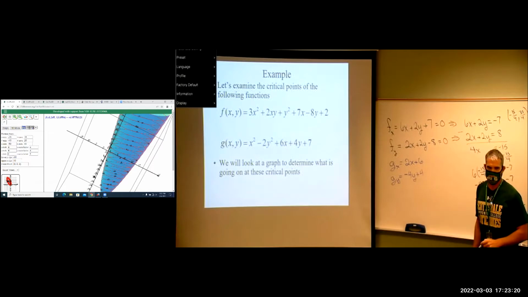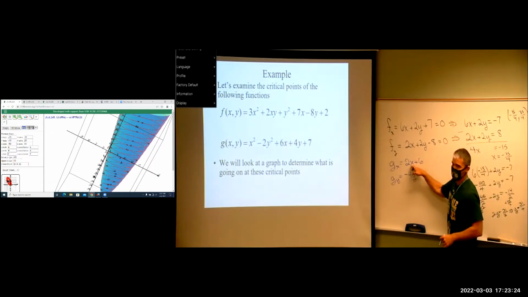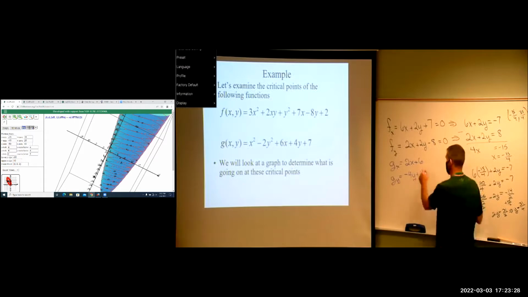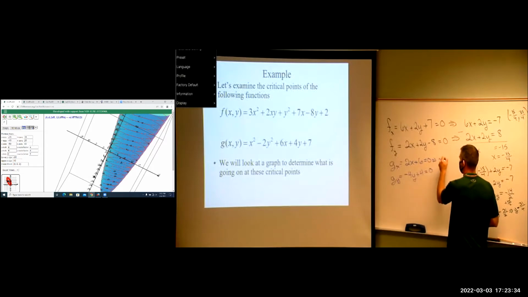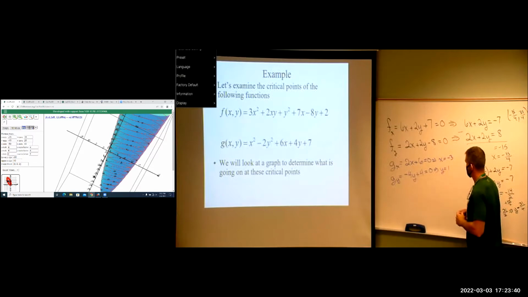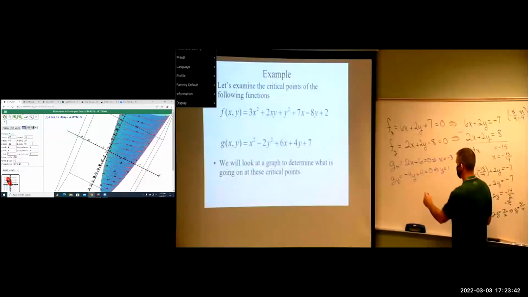One of the things that makes this system so easy is this only has x in it, this only has y in it. So these are basically just linear equations. You set them equal to 0. Up here, you're going to get x equals -3. And here you just get y equals 1. So we've got a critical point at (-3, 1) for g.